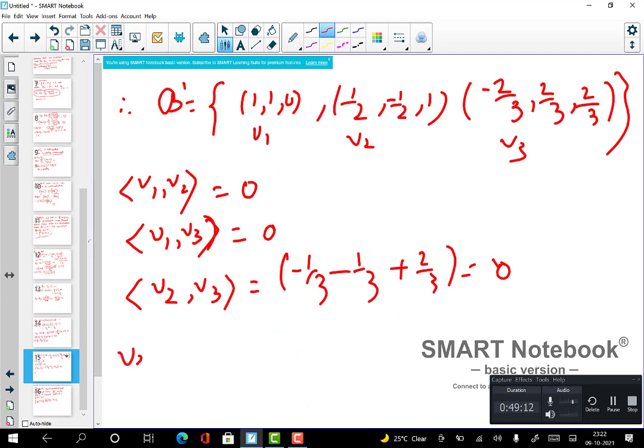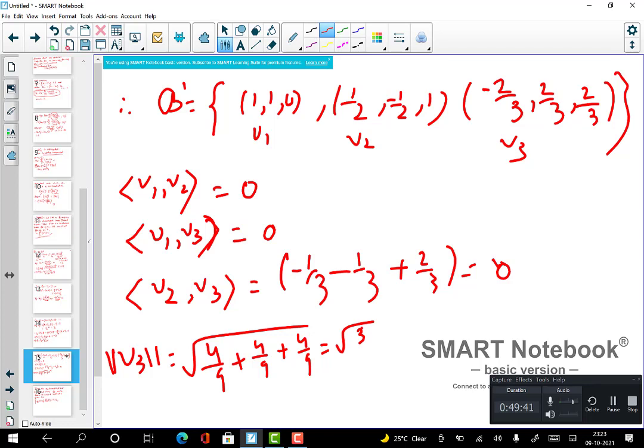The norm of v3 is what? Root of, so minus 2 by 3 into minus 2 by 3 will give you plus 4 by 9, and again plus 4 by 9, and again 4 by 9, so the total is 12 by 9, and hence this is 4 by 3. Okay, so hence the norm is 2 over root 3, right?